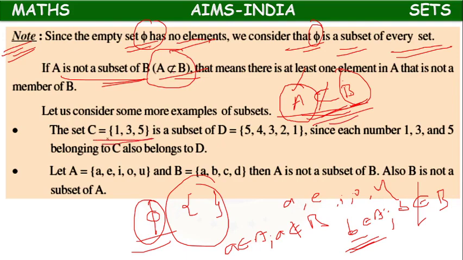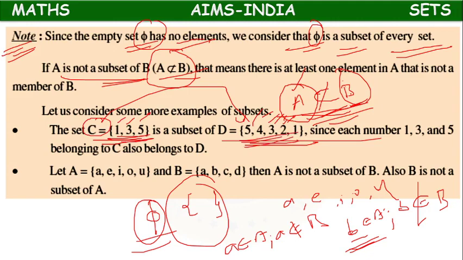So here C equal to {1, 3, 5} is given, D equal to {5, 4, 3, 2, 1}, meaning 1, 2, 3, 4, 5 is given. So 1, 3, 5 present in C, all are present in D. So what can we tell? Here 3 elements, here 5 elements.